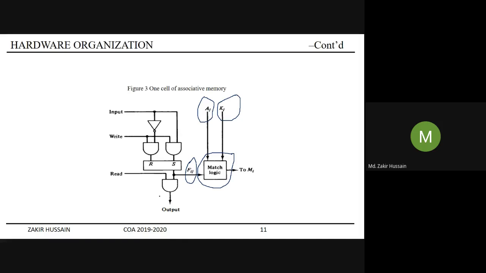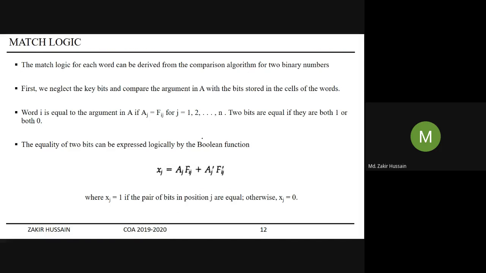Let us see elaborately how the match logic is happening here. In this example, this is a mathematical expression. The match logic for each word can be derived from the comparison algorithm for two binary numbers. First, we neglect the key bits and compare the argument in A with the bits stored in the cells of the words.